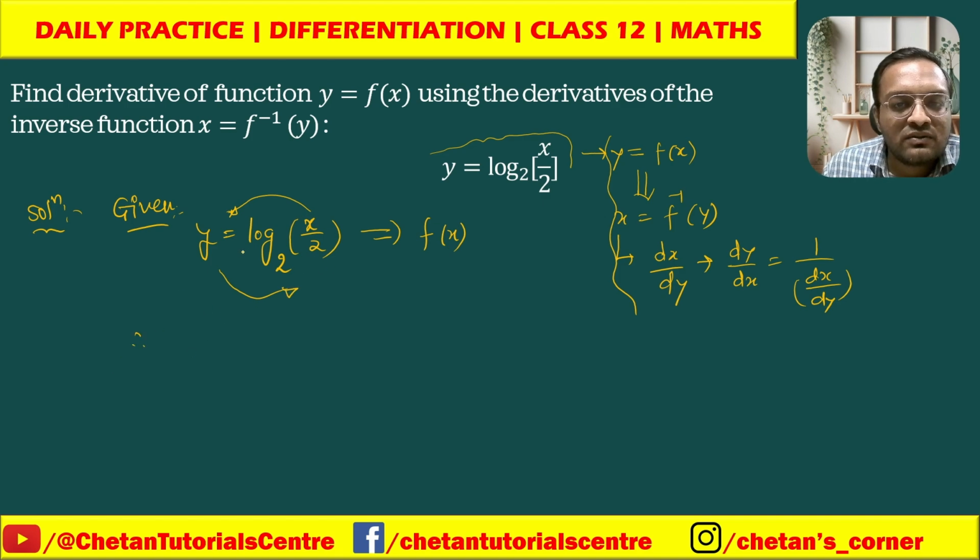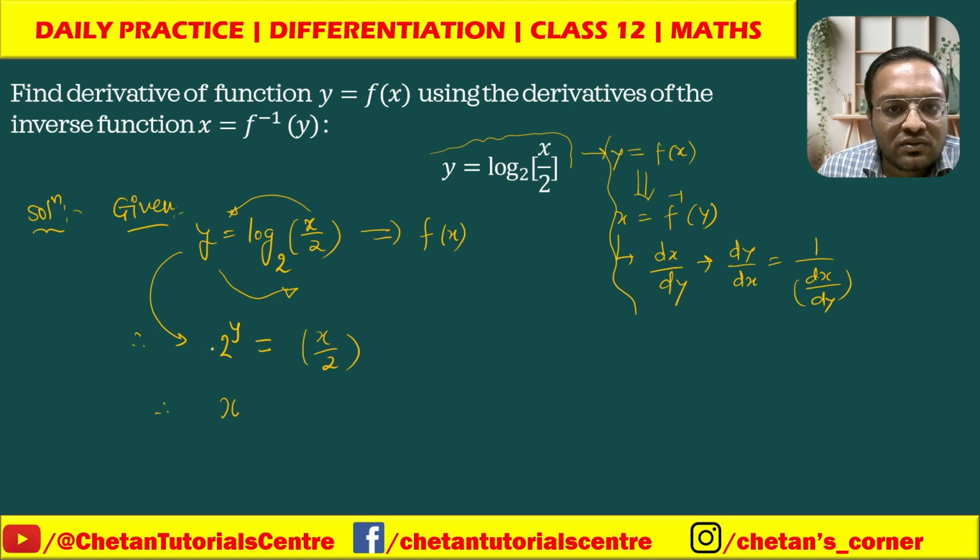Now what I will do for this, see, here I have log of x upon 2 to the base 2. So I will use laws of logarithm and write this function as 2 raised to y is equal to x upon 2. Then I will shift this 2 to the left side.